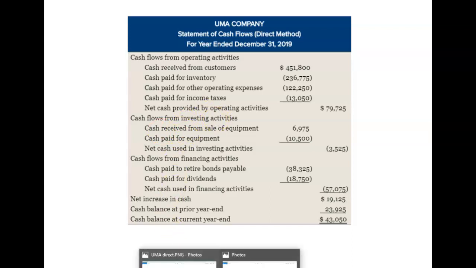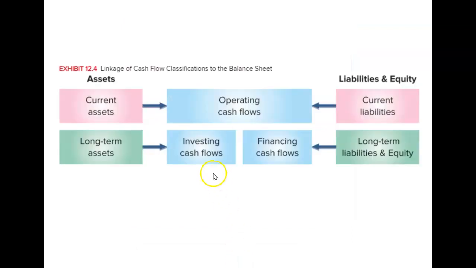Well, if I remember correctly, we were looking at Exhibit 12.4 on page 455 of your textbook. And we're talking about the investing cash flow section. What we need are changes in long-term assets that resulted from either the payment or the receipt of cash.